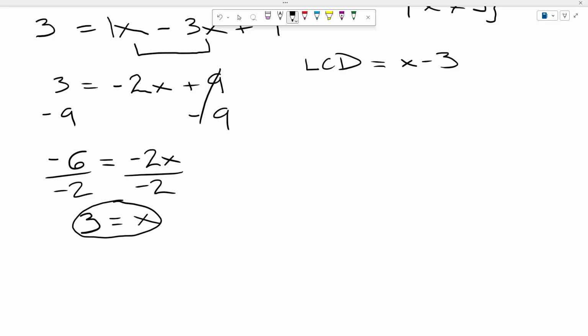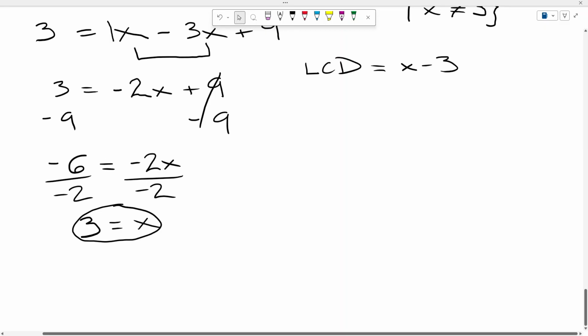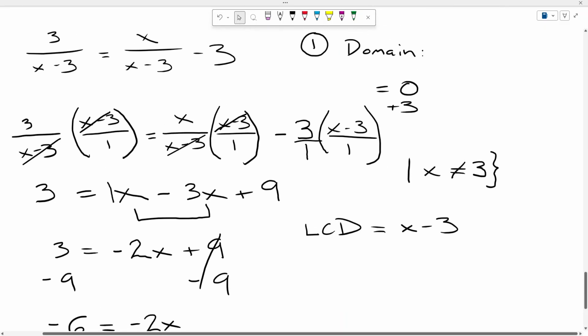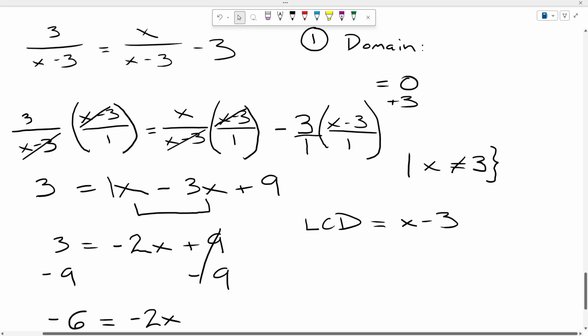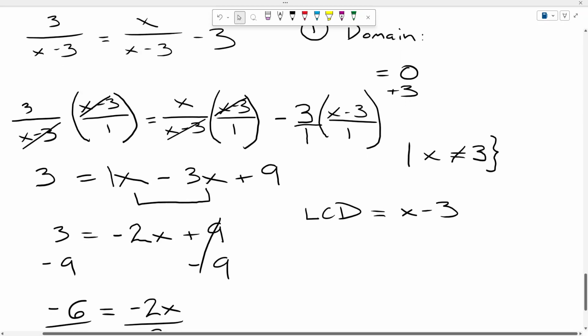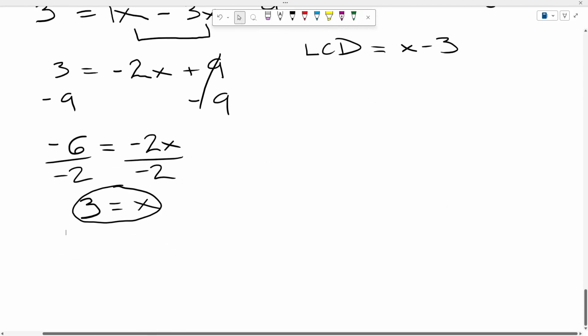But is that actually our solution? And see, that's why we wanted to go through and do the domain first. Because if we recall, when we did that, we said that x cannot be 3, because that would get us 0 in the denominator. x cannot be 3.